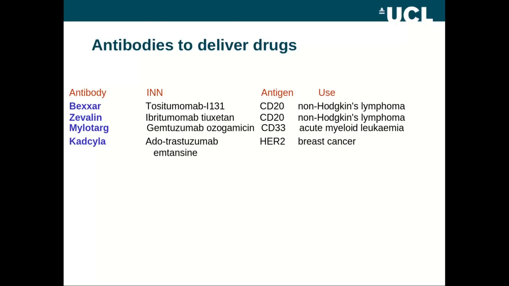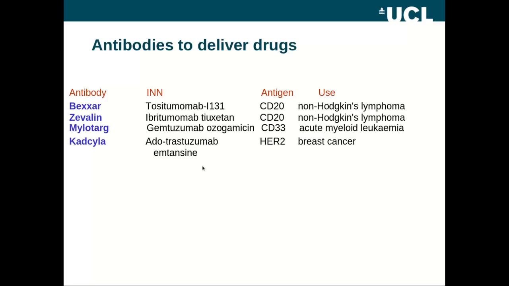This is trastuzumab again that we've already heard about with that lady Elaine Barber, but this time it's an ADC. An antibody drug conjugate with a conjugate called emtansine. So it has all the effects that normal trastuzumab has, but it also delivers a cytotoxic drug.